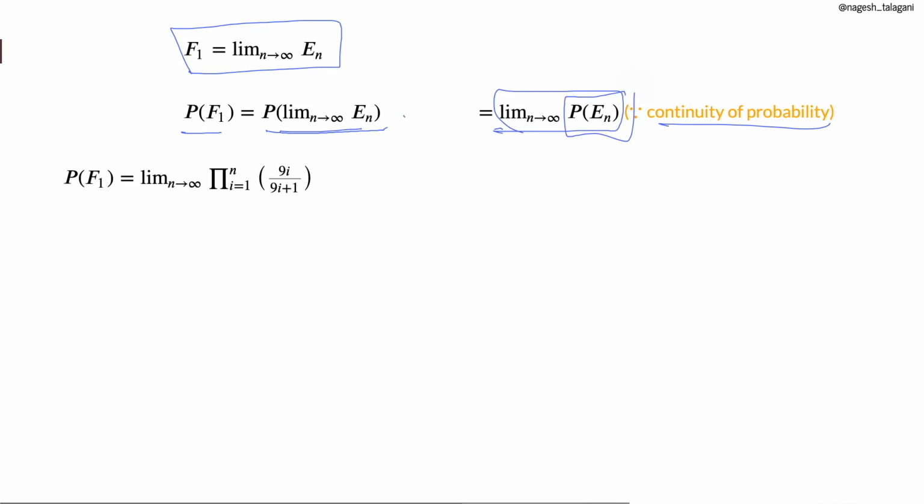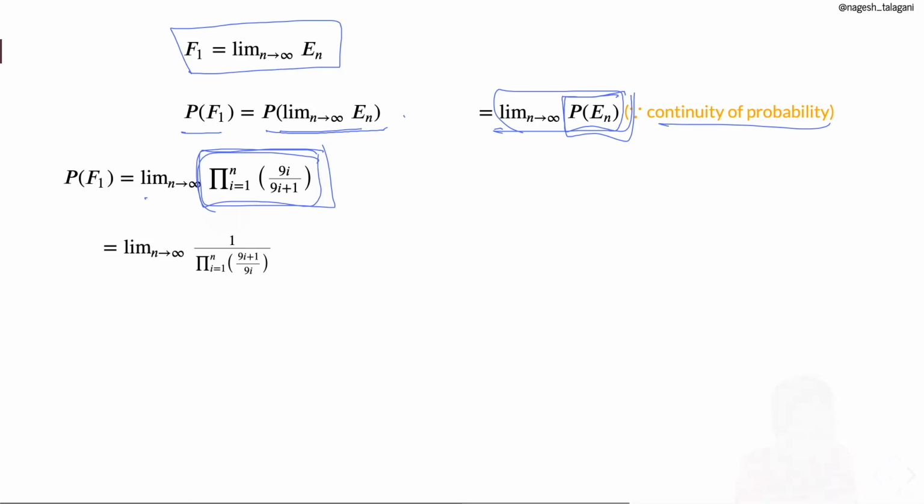So this is going to be the limit as n tends to infinity, with the probability of En replaced by the expression product for i equal to 1 to n of 9i by 9i plus 1. Let me write this as a reciprocal: 1 by the product for i equal to 1 to n of 9i plus 1 by 9i.